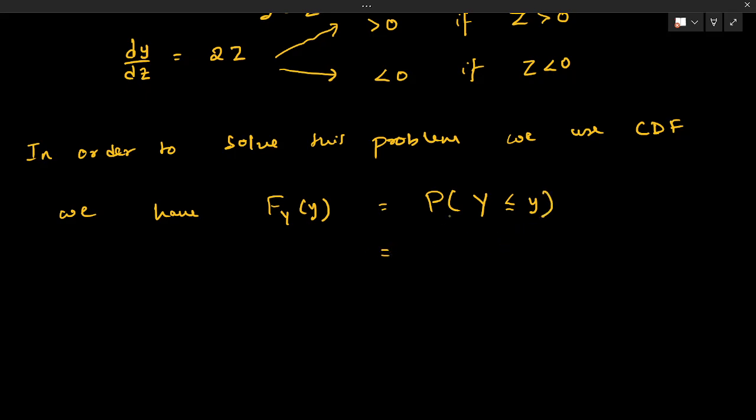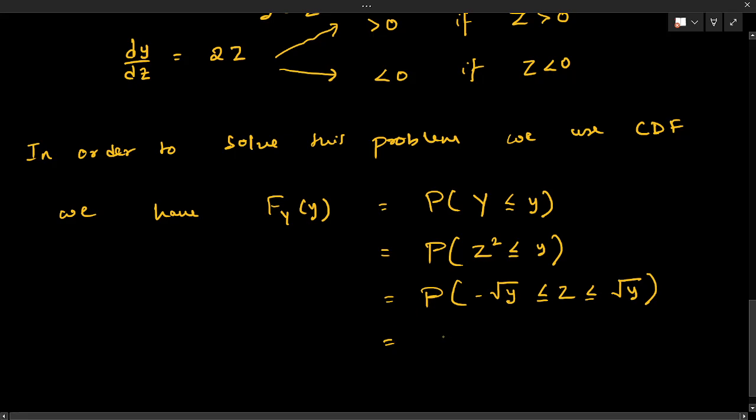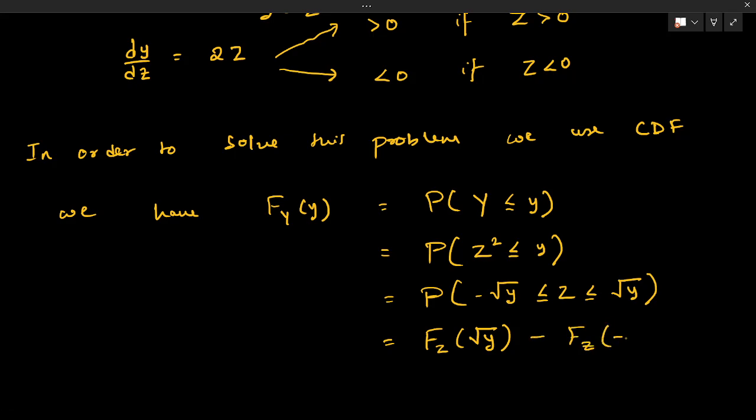This can be written as the probability that Z squared is less than or equal to y, which is equal to minus root y less than or equal to Z less than or equal to root y. And in terms of the CDF, we can write it as F_Z of root y minus F_Z of minus root y.